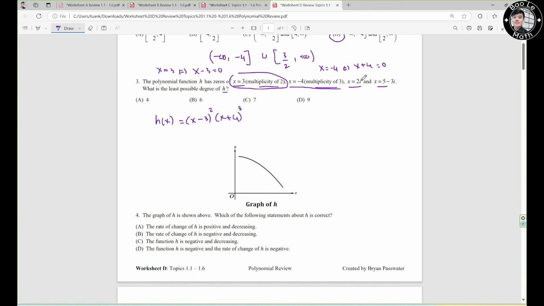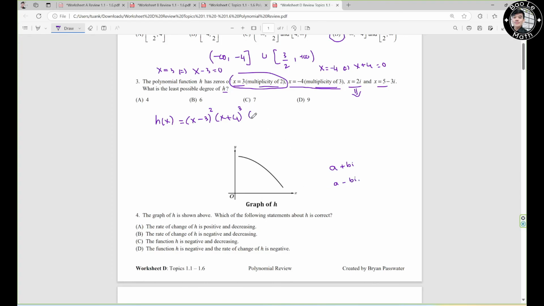Now I have the next one, s equal to 2i. This is an imaginary number. So whenever you have an imaginary root, its conjugate must be the second root. So keep that in mind. If a plus bi is a root, then its conjugate, a minus bi, must be the second root.